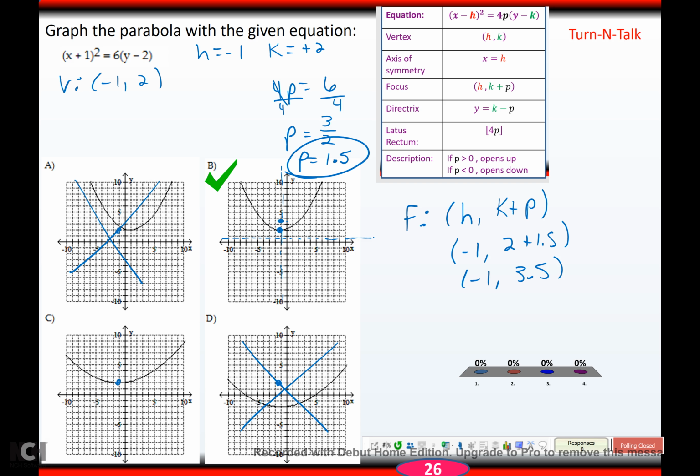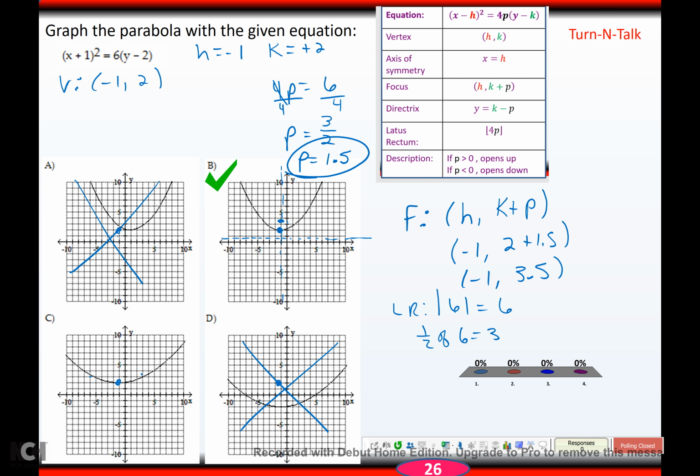So now all I have to do is use my latus rectum to get the right width, okay? So my latus rectum is going to be the absolute value of whatever's touching the y parentheses, which is 6, and half of that, half of 6 would be 3.